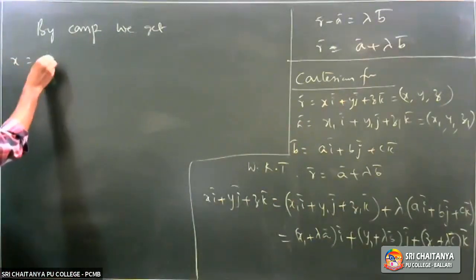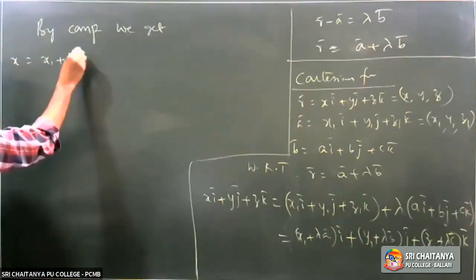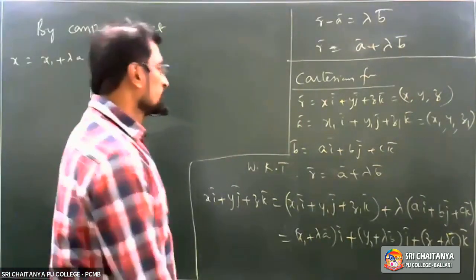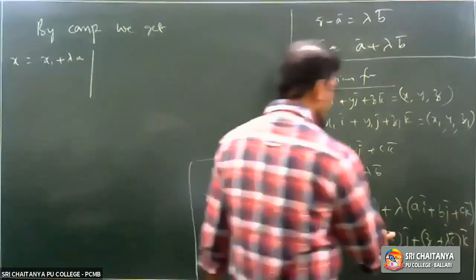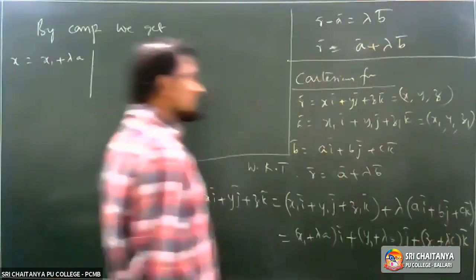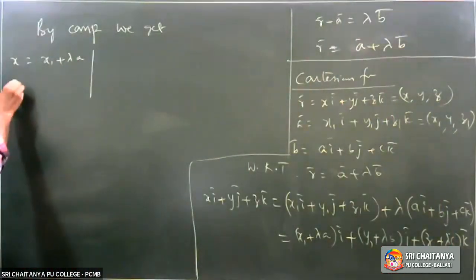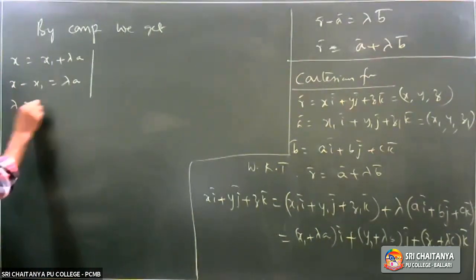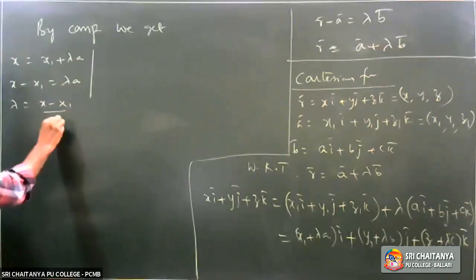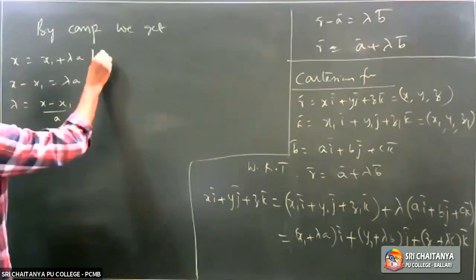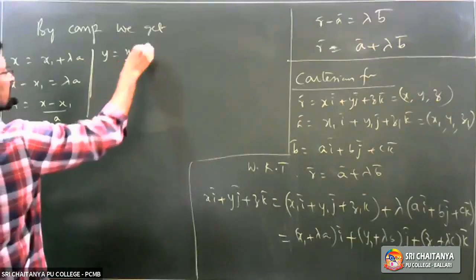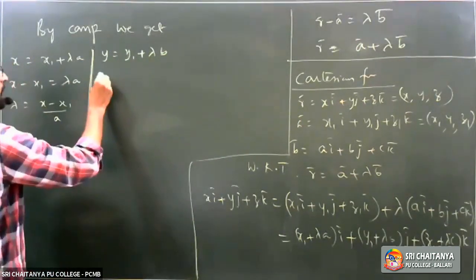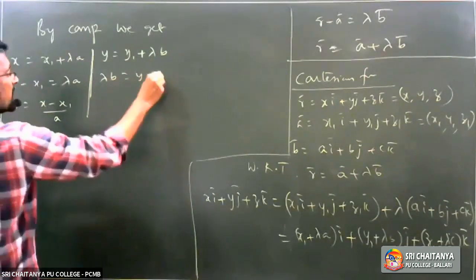x is equal to x1 plus lambda a, not a bar, lambda a, right? Now, x minus x1 is equal to lambda a. Lambda is equal to x minus x1 by a. Similarly, y is equal to y1 plus lambda b. So, lambda b is equal to y minus y1.